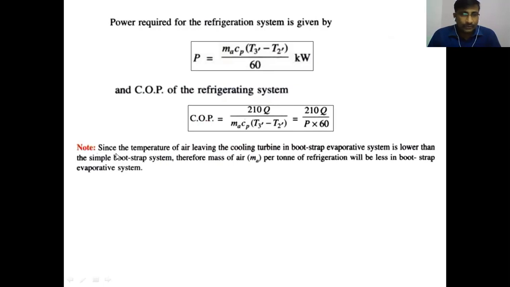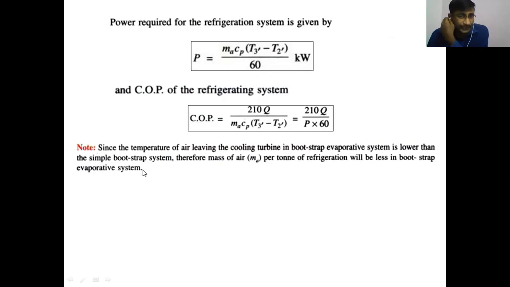Please note this. Since the temperature of air leaving the cooling turbine in the bootstrap evaporative cooling system is lower than in the simple bootstrap system, the mass of air MA per ton of refrigeration will be less in the bootstrap evaporative cooling system.